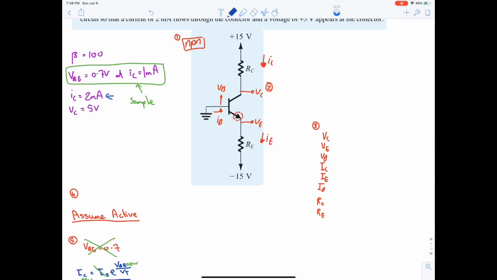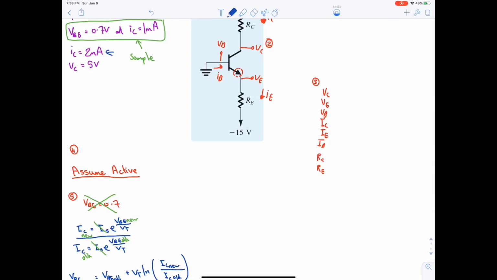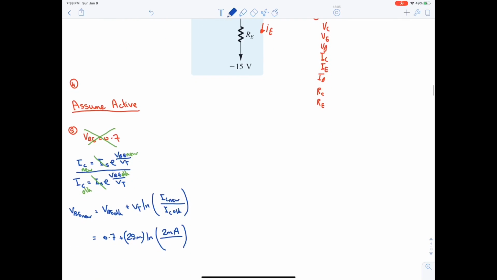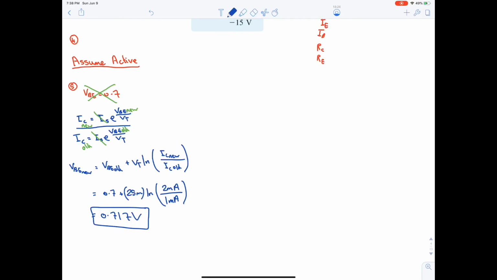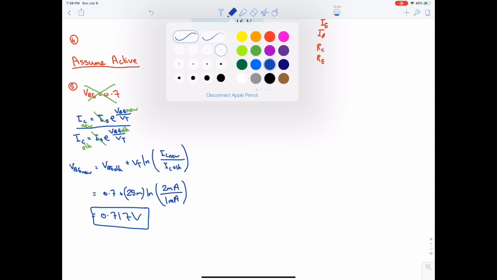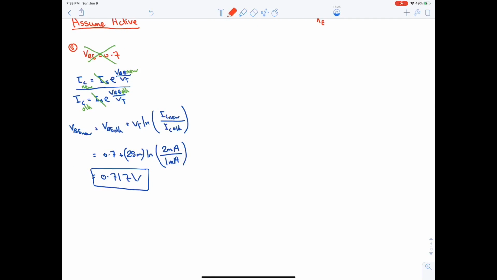IC old is the sample, hence it's 1 milliampere. This will give us 0.717 volt.